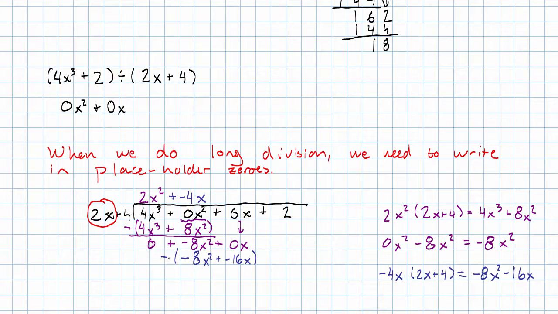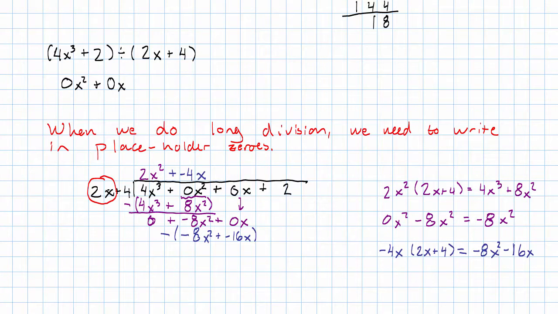Okay, subtract again. 0x minus negative 16x. That's the same as plus positive, so that's positive 16x. And bring down the 2.